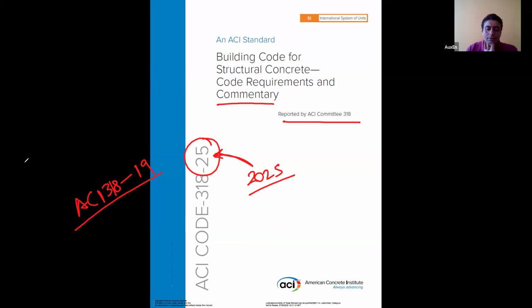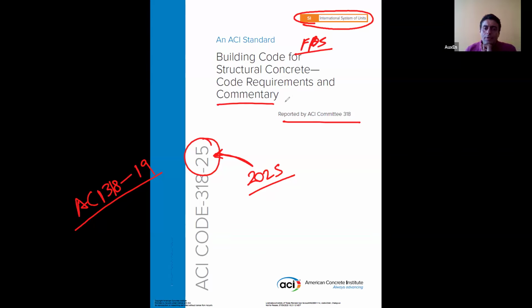And then we have the units mentioned over here. This code is in the SI units, Standard International Units. In the US, they mainly follow the FPS system, or the imperial system, the foot-pound system.